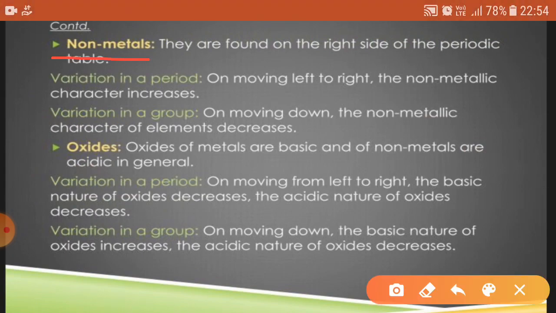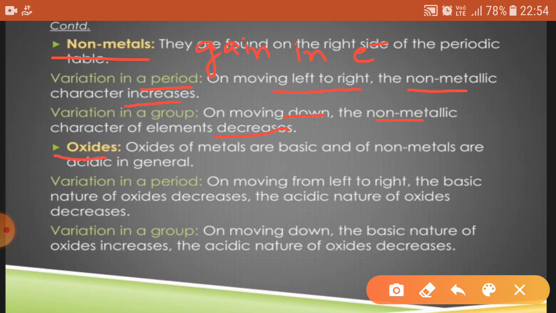Basically, non-metallic character depends upon the gain of an electron, and along the period, moving from left to right, the non-metallic character increases because it is easy to gain an electron. But moving down the group, the non-metallic character decreases because it is not easy to gain an electron, and only the metallic character increases down the group.